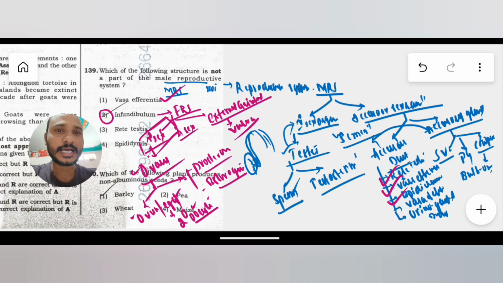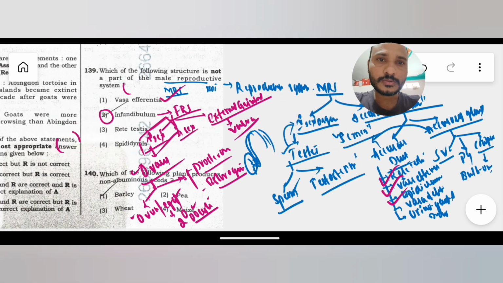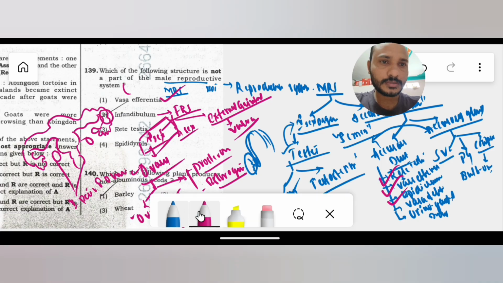Now, coming to the accessory sex organs, I am telling how they are present. If you draw the structure of the female reproductive system like this, here we have the uterus, and at the end of the uterus we have the cervix and vagina, and here the fallopian tube with these fimbriae structures, and here we have the ovary.